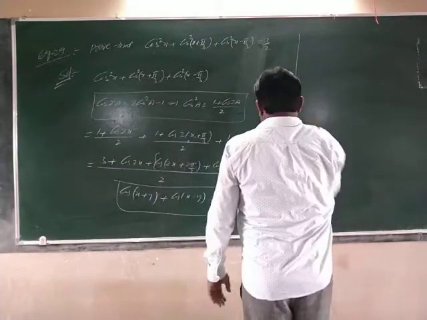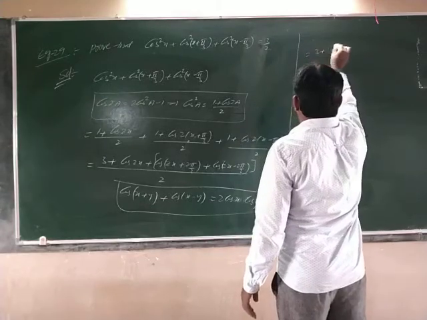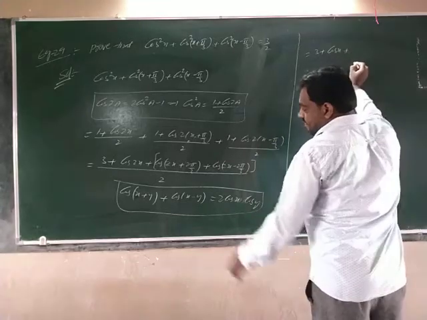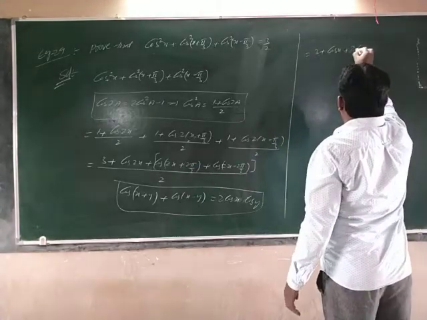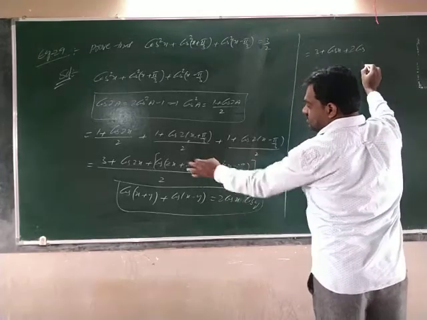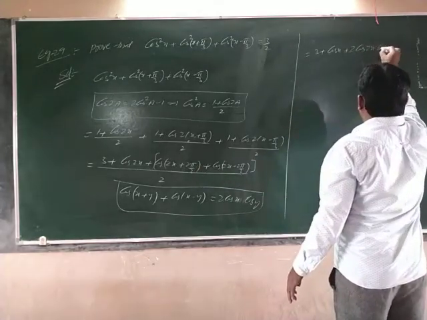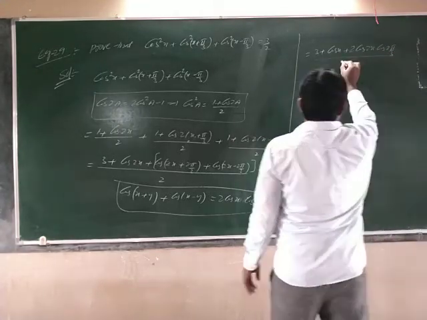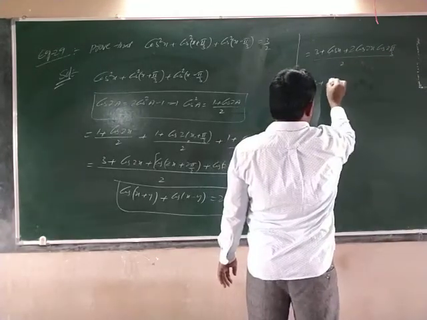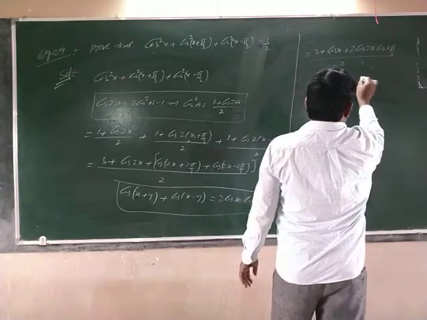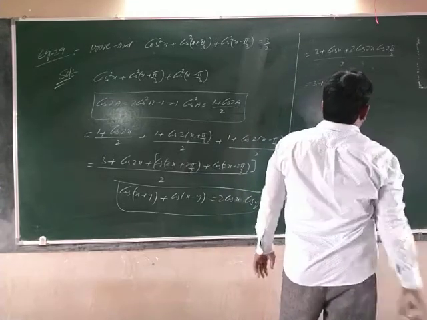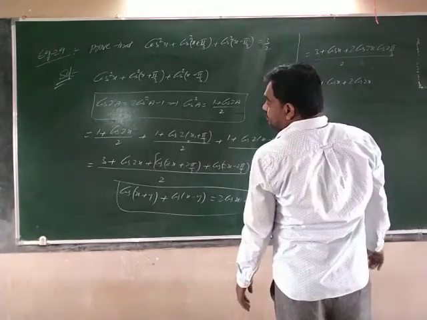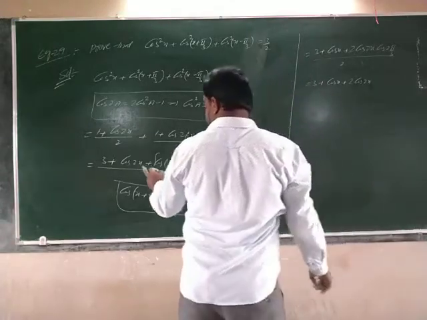So this is equal to 3 plus cos 2x plus 2 cos 2x cos 2 pi by 3, all by 2. Here this is 2x only.